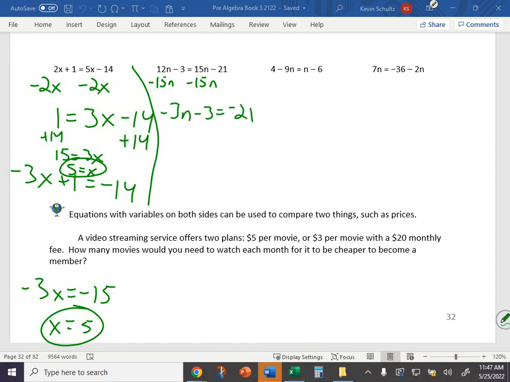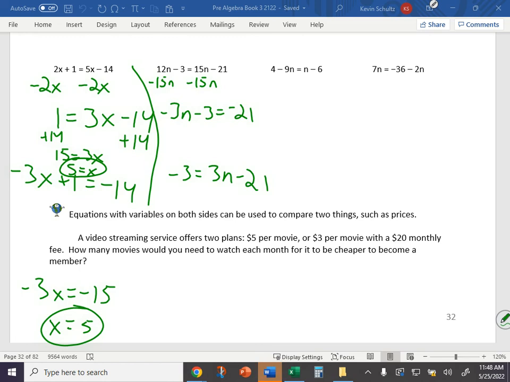If you moved all your variables over to the right side, your second step looks like negative 3 equals positive 12n minus 21. You will get the same answer either way. As long as you have one of these 2 equations here, it works out to be the same.